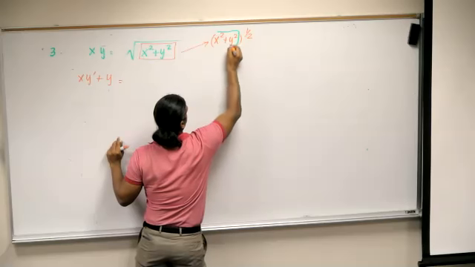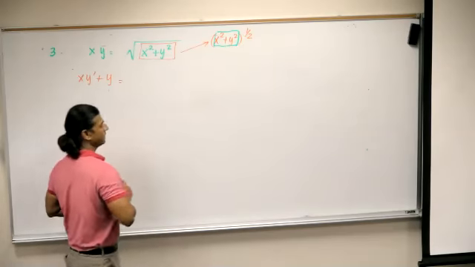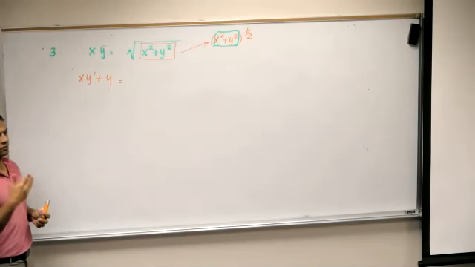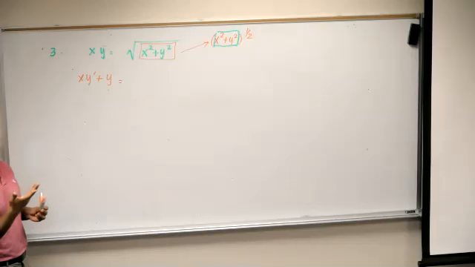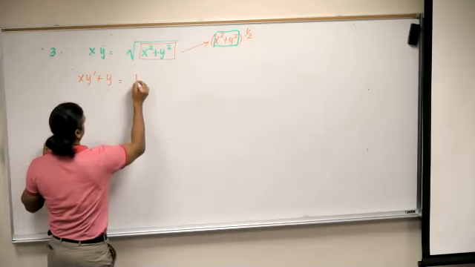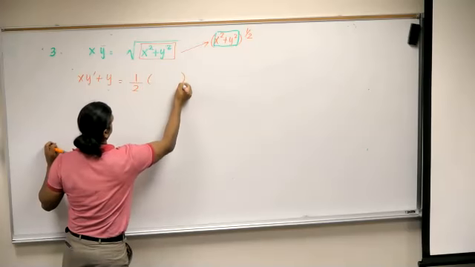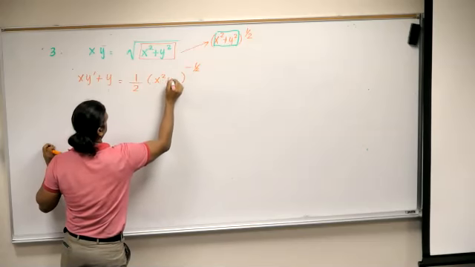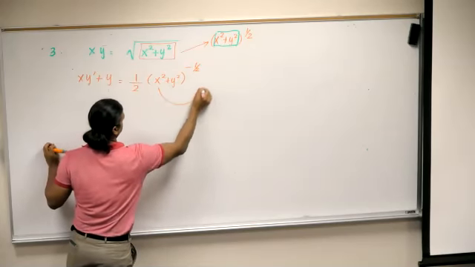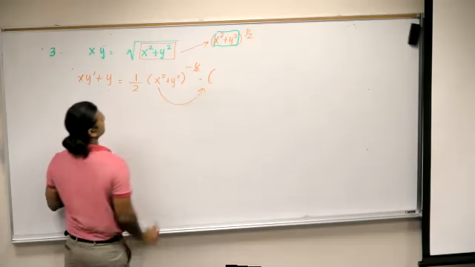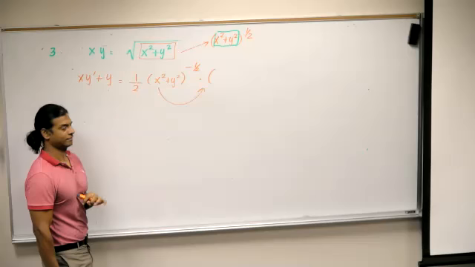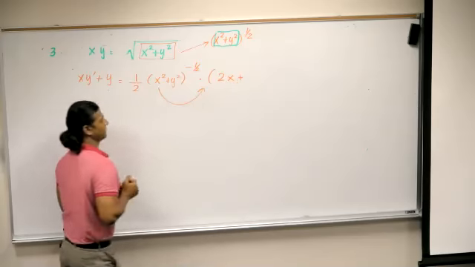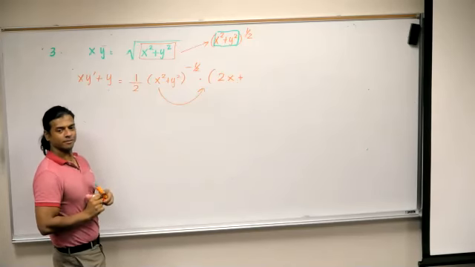If whatever is inside parentheses is just x, what is the derivative of x raised to 1/2? That's going to be 1/2 x to the power of -1/2. And then we're going to take the derivative of what's inside. So inside, in this case, x squared plus y squared. What's going to end up happening is that we're going to have 2x, and I believe 2y times y prime. Do we follow that?